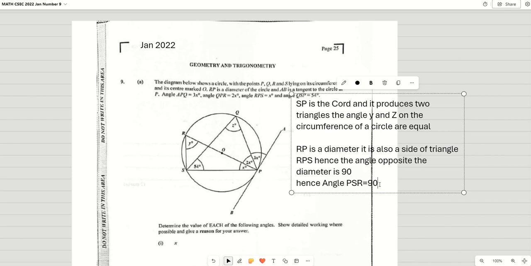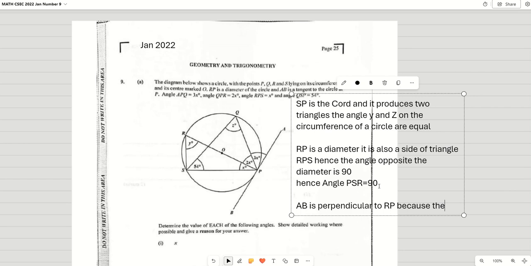And then the last rule is that AB is perpendicular to RP, meaning they intersect at 90 degrees. Why?